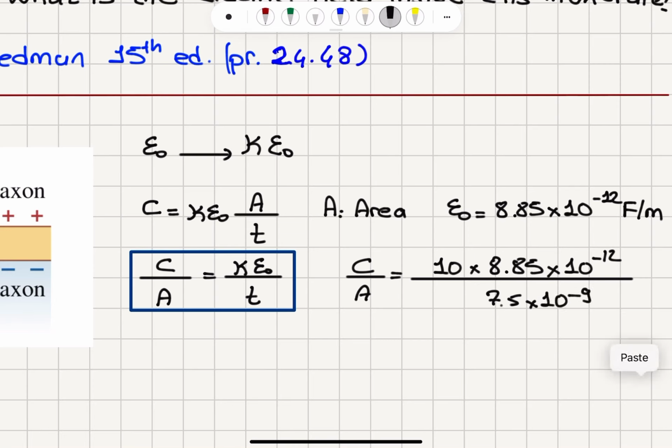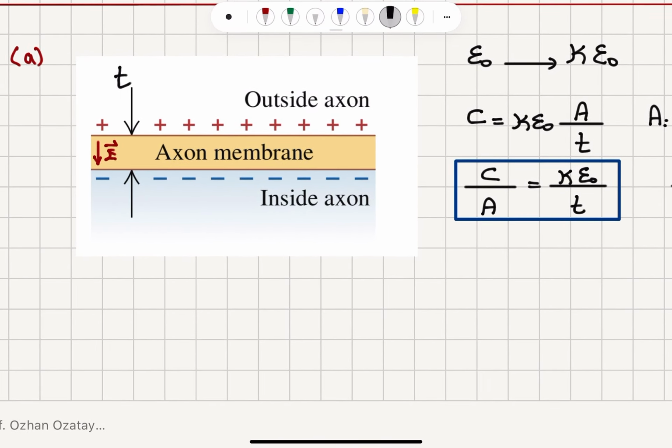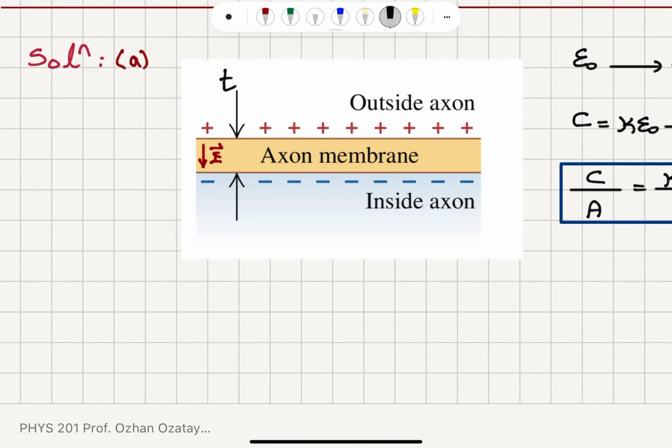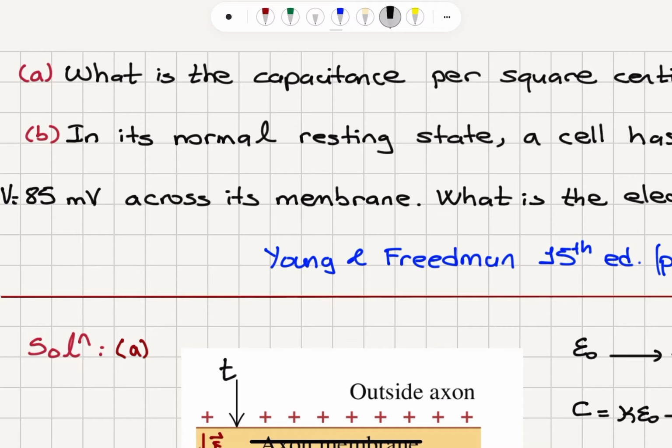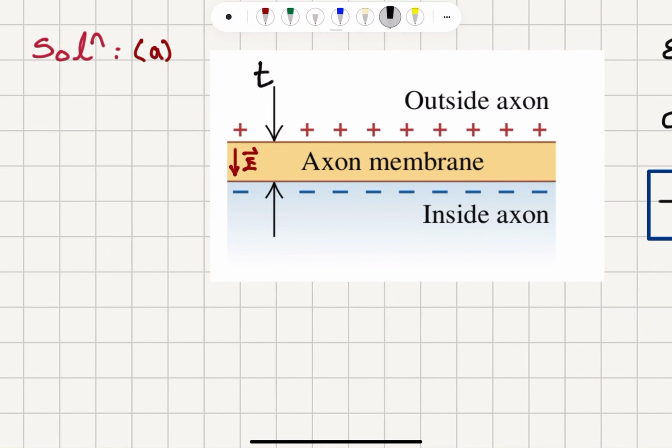That's nanometers, 7.5 nanometers. Now we're asked to find capacitance per area in farads per centimeter squared. So capacitance per area is then 1.18 times 10 to minus 2 farads per meter squared.